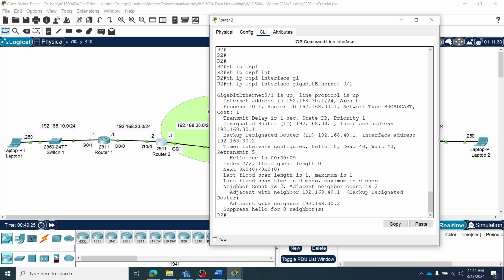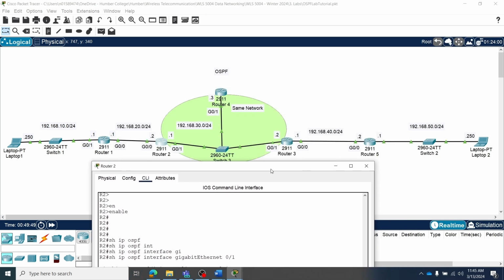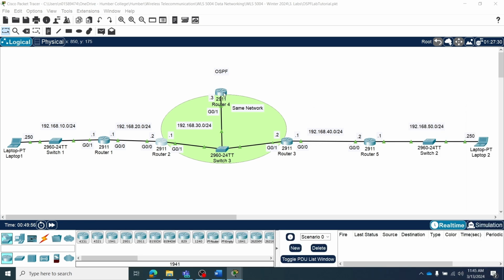By this command you can see it's saying that the designated router is 192.168.30.1 and the backup designated router is 192.168.40.1. So let's see in router 4, then it will be more clear.